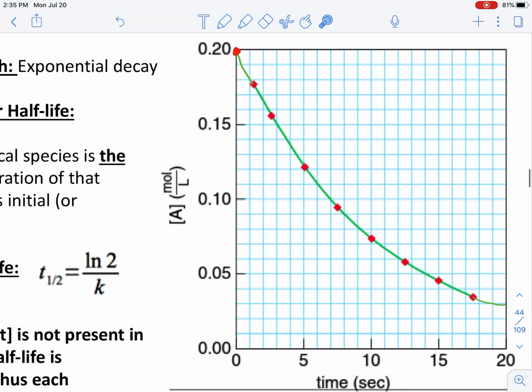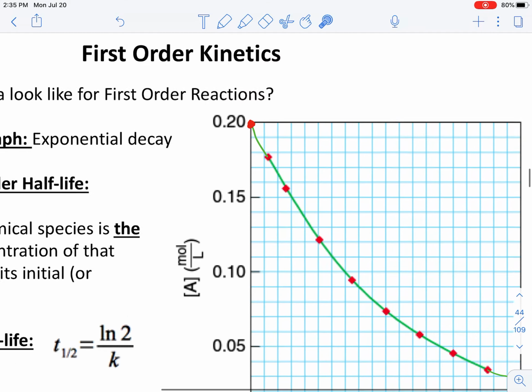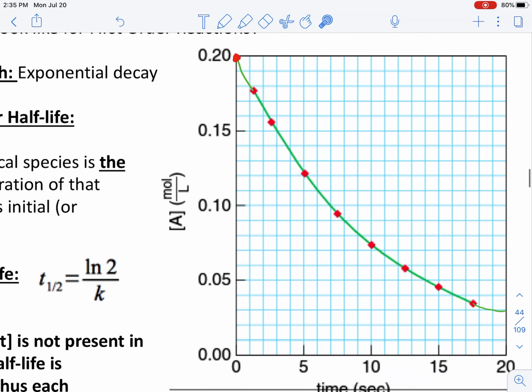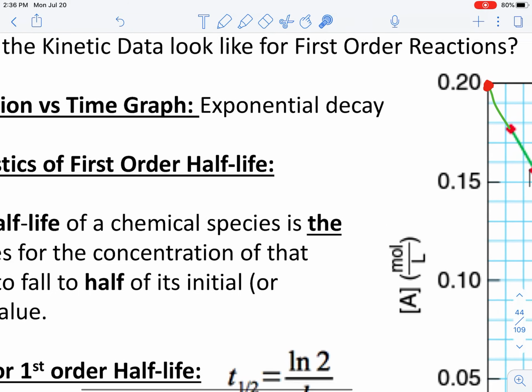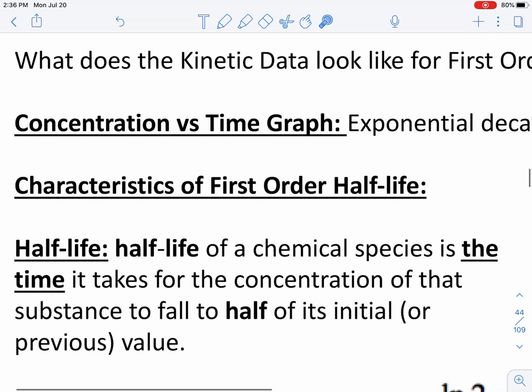On a very superficial level, that's pretty much all that we can get out of this. However, if we start looking at this concentration versus time graph in terms of, for example, half-lives, we're going to see another characteristic of first order kinetics that's not observed by simply looking at this table. Before we continue, we need to define what half-lives are, and this is a very important topic in kinetics.